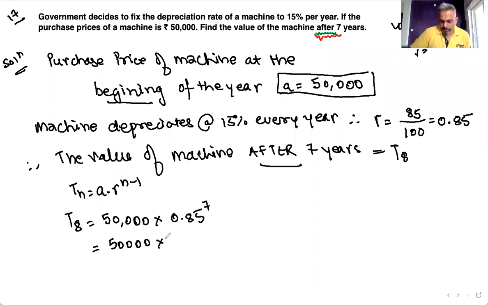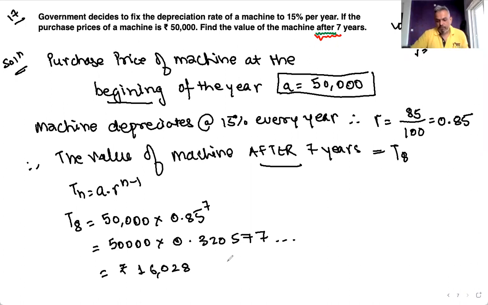0.320577 goes on and on, into 50,000, calculate kar lo, which is equal to, don't round off please up to 2 decimal places, okay, because we are multiplying it with 50,000, so which is equal to rupees 16,028.85.